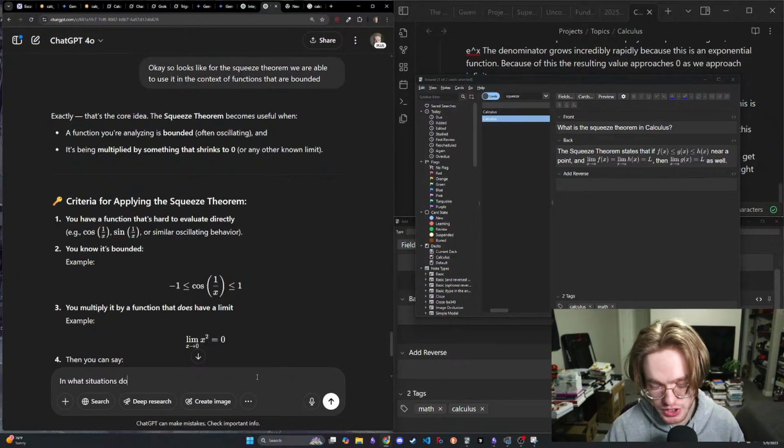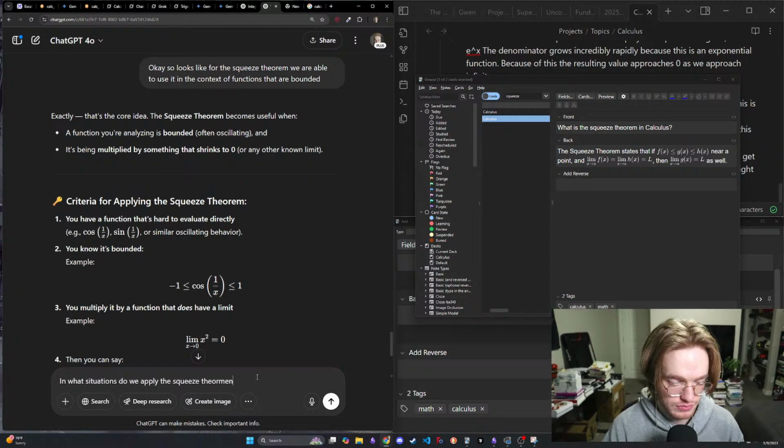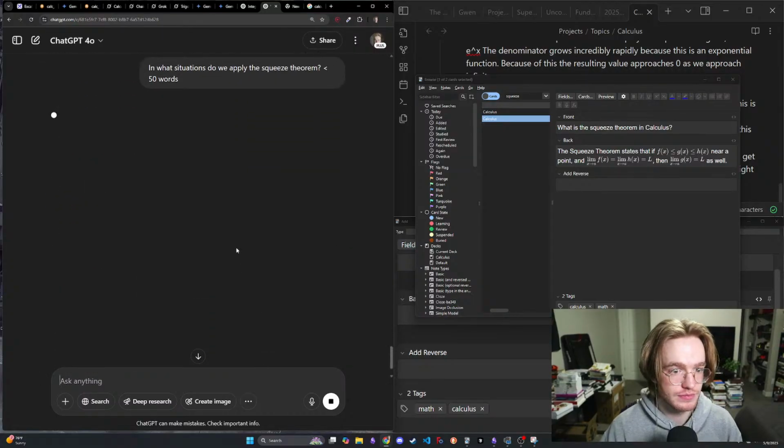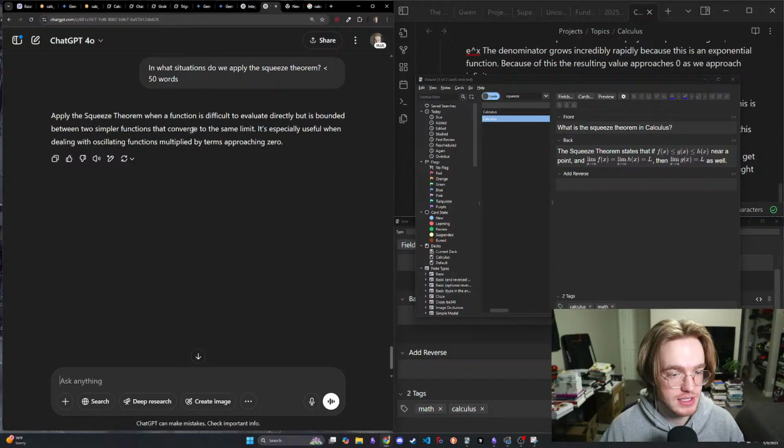In what situations do we apply it? Less than 50 words. It applies when a function is difficult to evaluate directly but is bounded between two simpler functions that converge on the same limit. It's especially useful when dealing with oscillating functions. Okay.